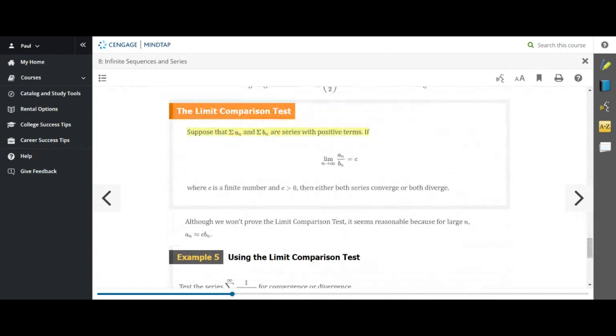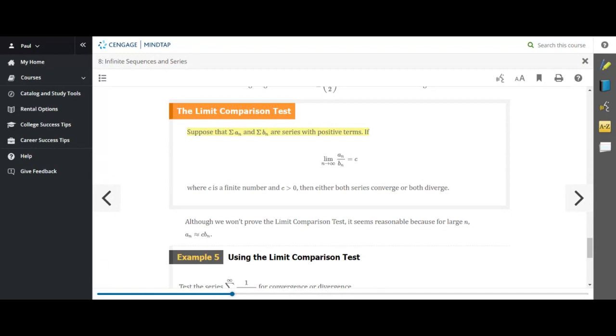It says, suppose that you have two series with positive terms, and you look at the ratio of the terms of those two series, and the limit as n goes to infinity of the ratio of the terms is equal to a constant c, where c is some finite number. Then both series either converge or diverge.